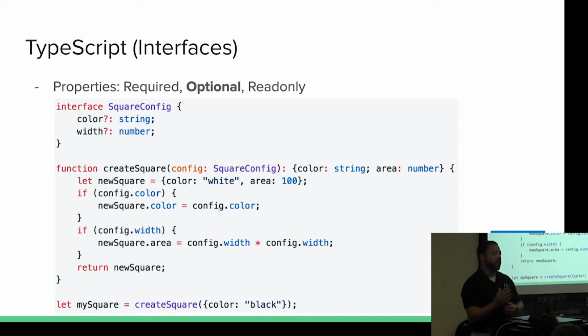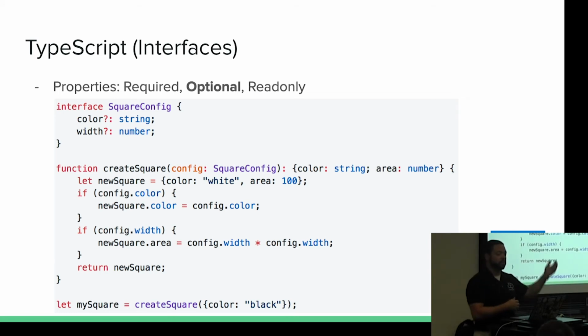Now, this is a pretty contrived example. Usually you would have an interface with a lot of different properties that are all required, and then one or two where maybe it has this, maybe it doesn't. Maybe the server doesn't return the label in one case, but it does in another. So we need to be a little more careful about it.